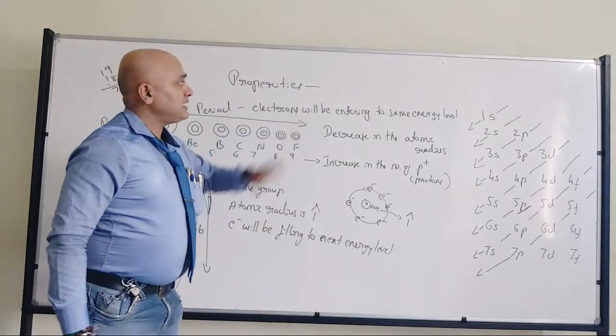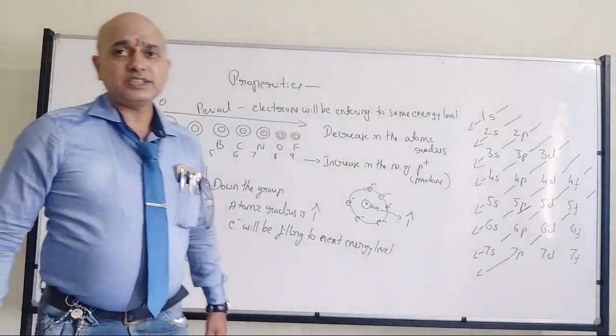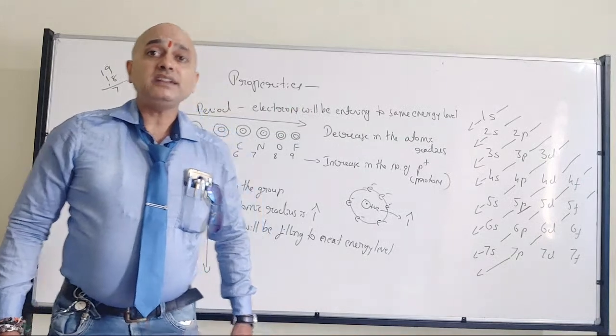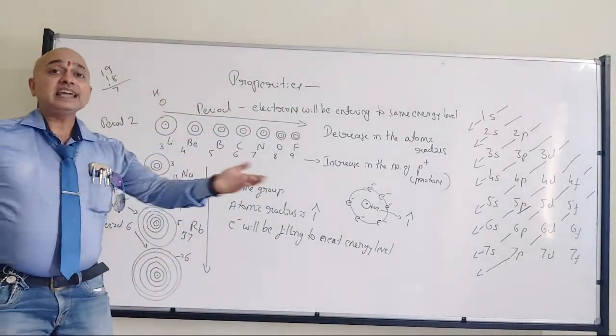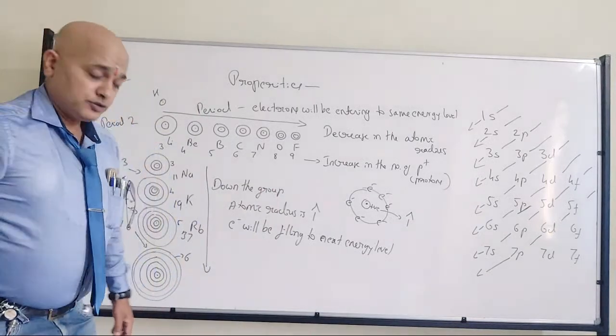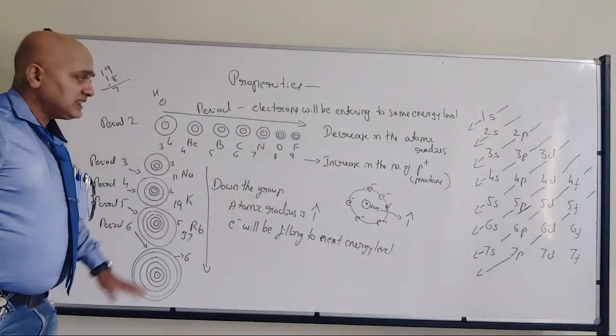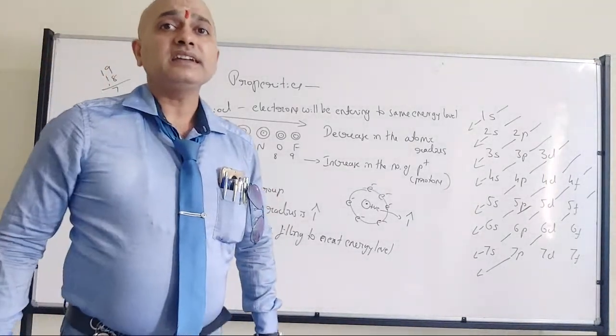But along the period, electrons will be entering the same energy level. Here, electrons will be entering into the next energy level, so there will be an increase in the atomic radius.